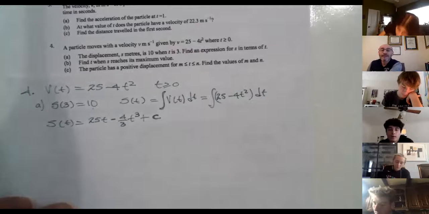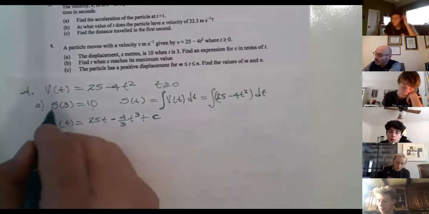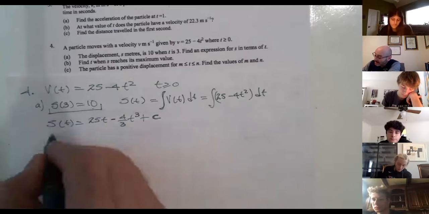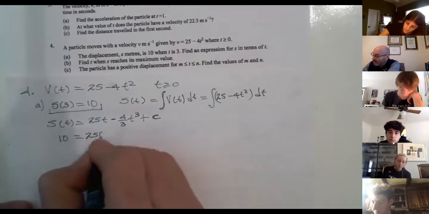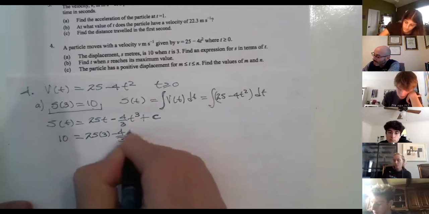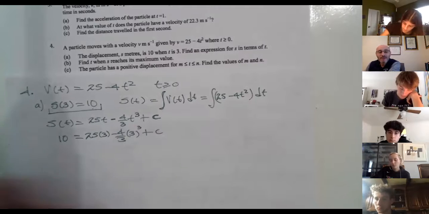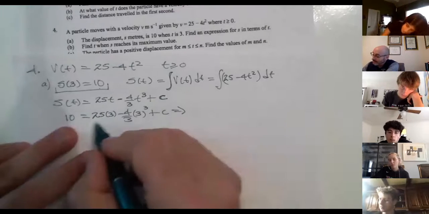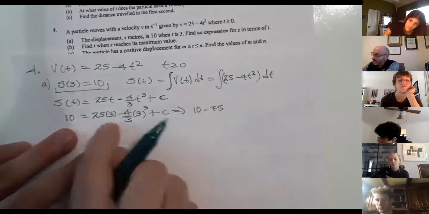All right. Now this c, we're going to find it specifically because we're given this information. S of 3 equals 10. So that means that I'm going to set this equal to 10. I'm going to plug in 3. And I'm going to find C. So this is going to be then what? 10 minus 75, right? 25 times 3.